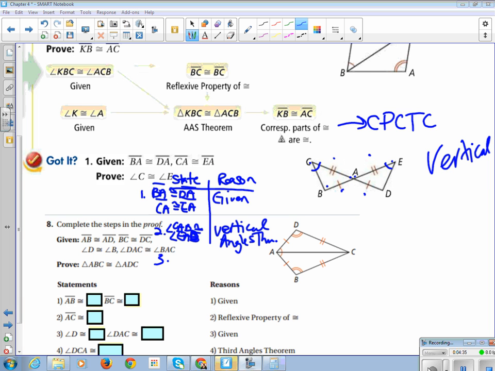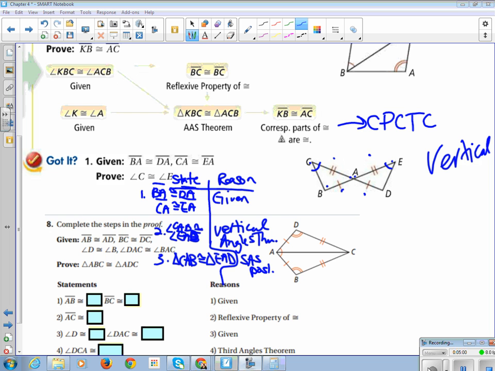So now we can say triangle CAB is congruent to triangle EAD. And we can say that because of angle, side, angle, side. Side, angle, side postulate. This is awesome.